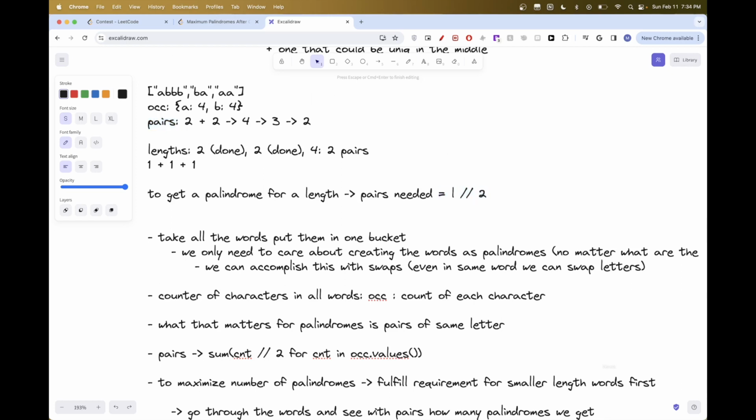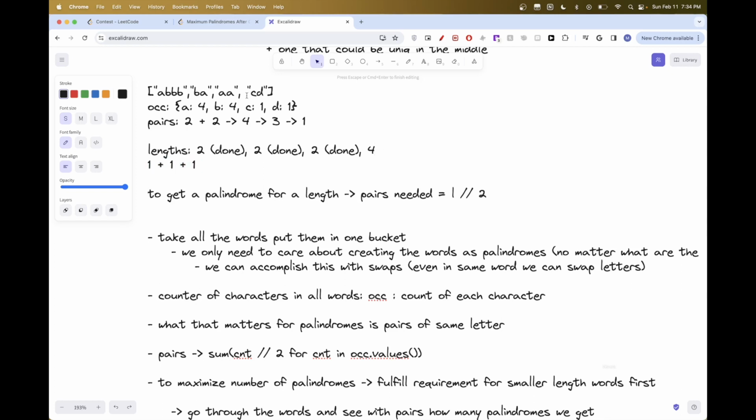Now, let's just assume, for example, we had CD here. So we have 1 C, 1 D. And so the number of pairs we have is still just 4, okay, because C is just once and D is just once. And so we have one more length, which is here, 2, okay? And then now we have 4. So we accomplished this one, and now we have only 1 pair left, okay? So we have 3.